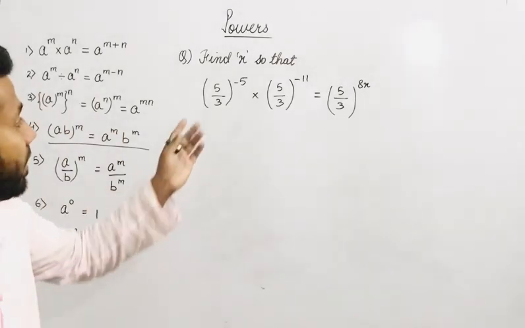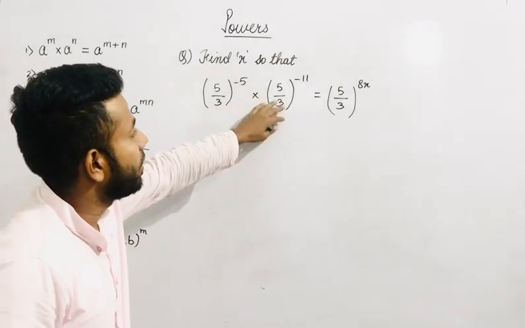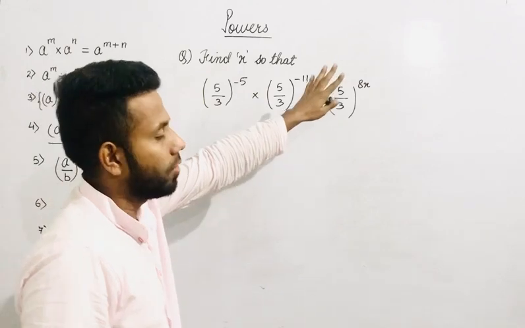This is the question. 5 by 3 to the power minus 5, 5 by 3 to the power minus 11 equals 5 by 3 to the power 8x.